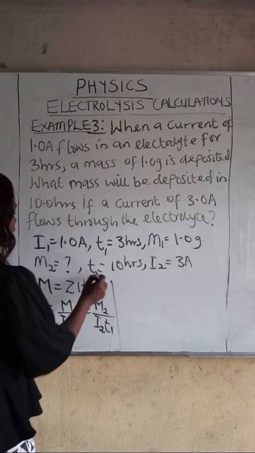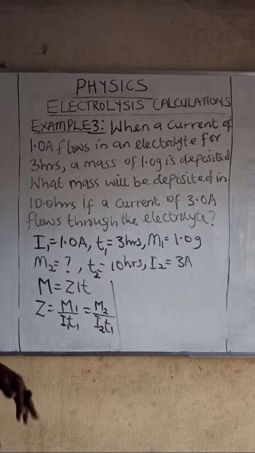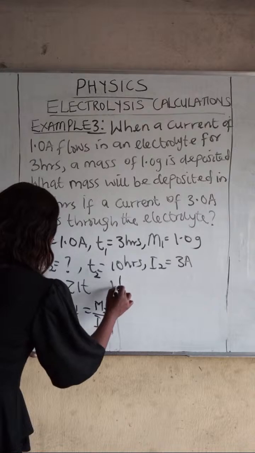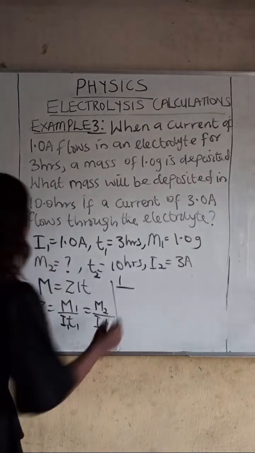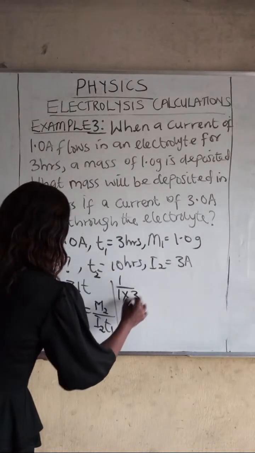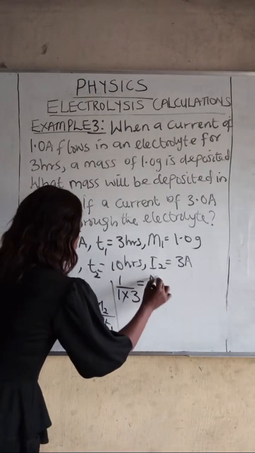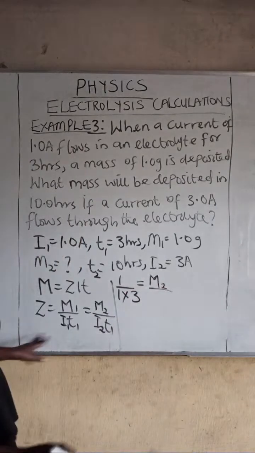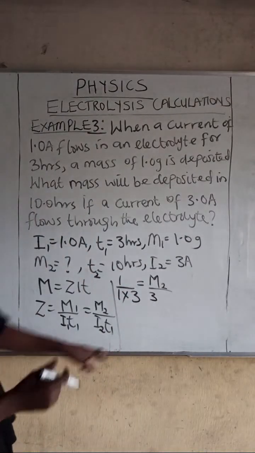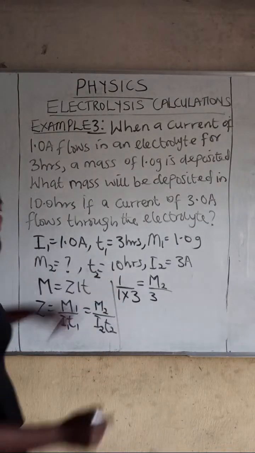This is my T1, this is my T2. So let me substitute what I have. My M1 is 1, over my I1 which is 1, times my T1 which is 3, is equal to my M2, which is unknown, over my I2 which is 3, times my T2 which is 10.